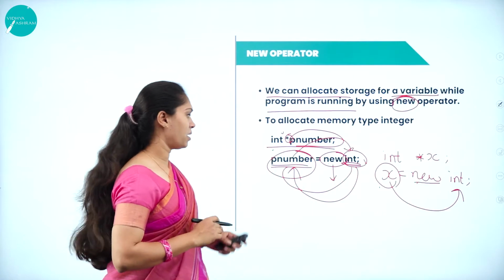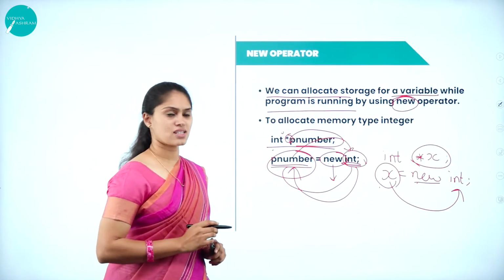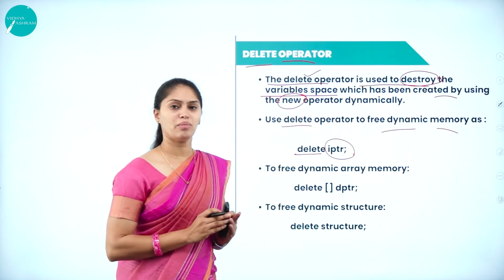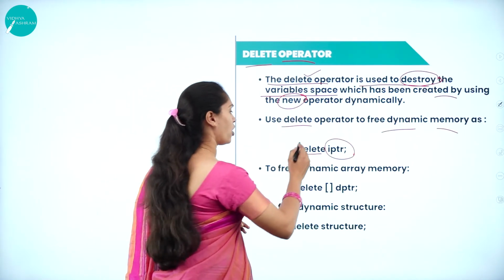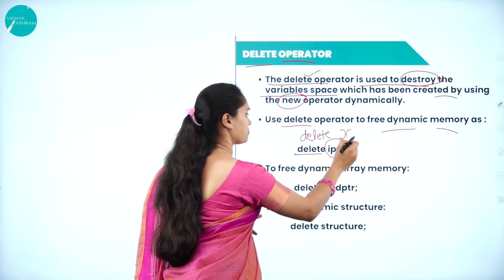If you consider the previous example, here I have a pointer variable called x. Then how can I deallocate the memory space of that x pointer variable? For that I have to take delete x.